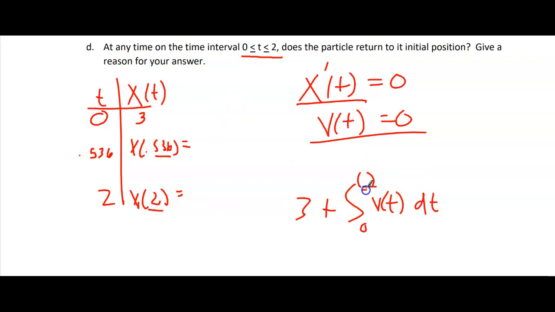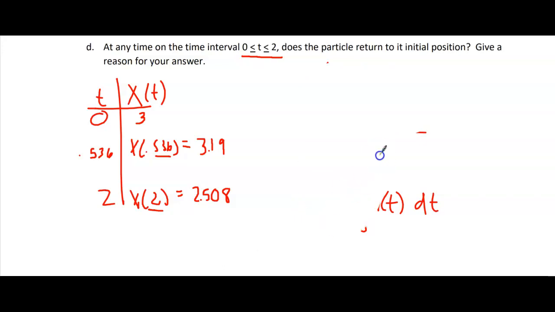We're going to plug this in here and find our answer, and we'll see what we get. Okay, so these are the answers I get by doing that. And now, as you can see here, my particle has traveled from 3 to 3.19, so that's when it's moving to the right. And then from here to here, it's moving to the left.